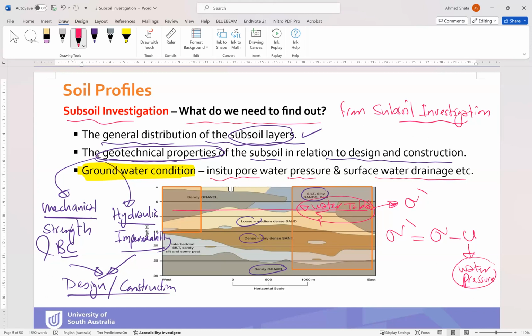Okay, and here, if you can see, in some cases we can have some limited information. For example, in this part, because we have a sandy gravel soil, we can't go deep in the soil in some cases. So we can sometimes reach 15 meters here, for example, and in the other area we can have the soil profile for maybe up to 25 meters.